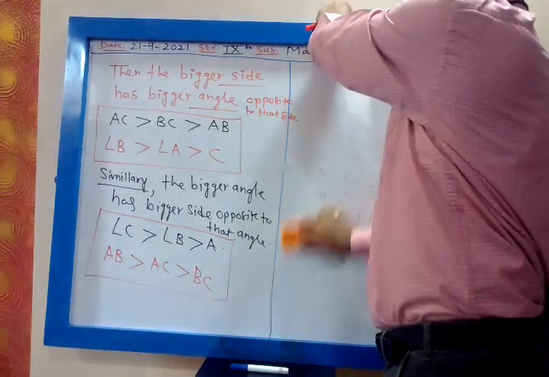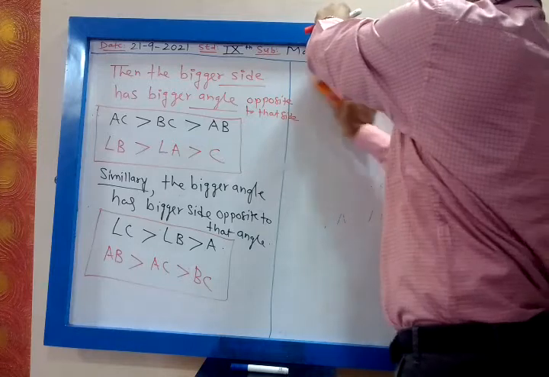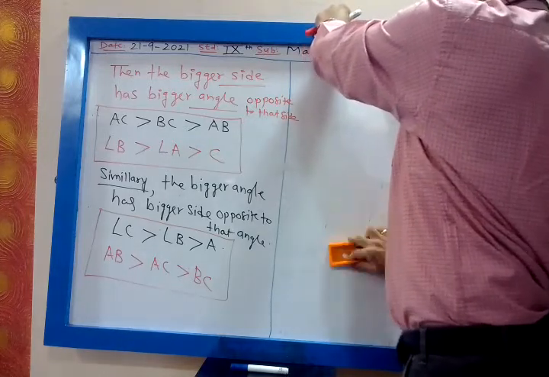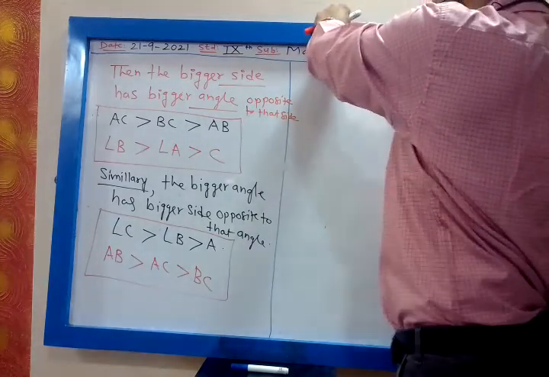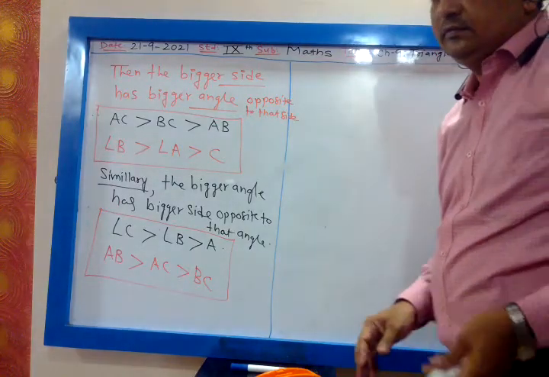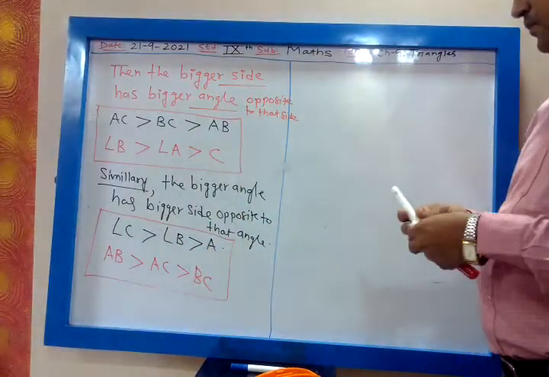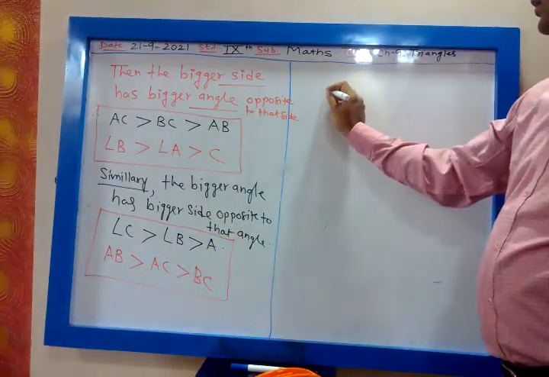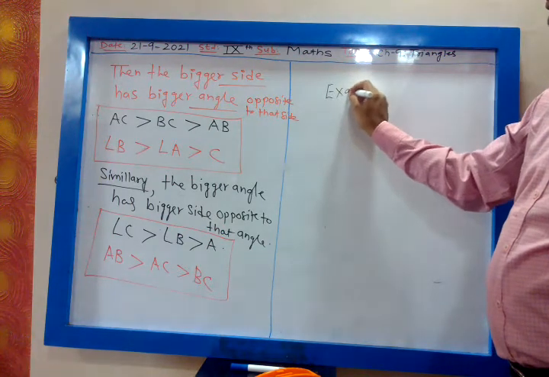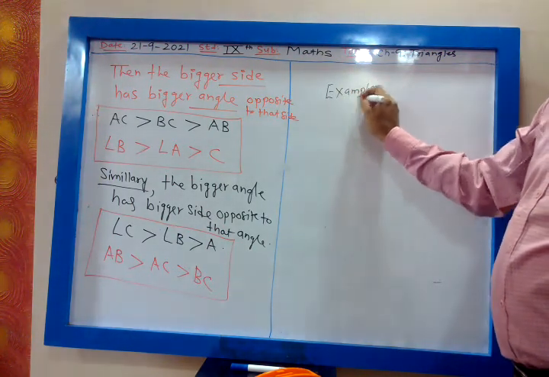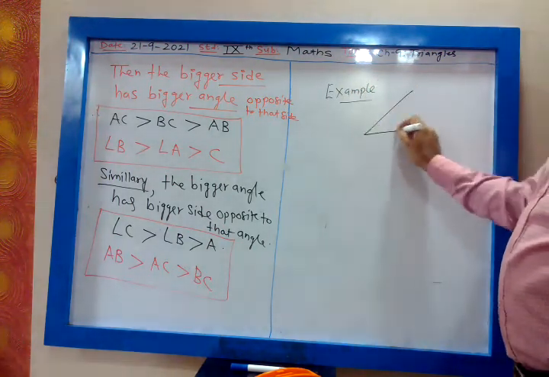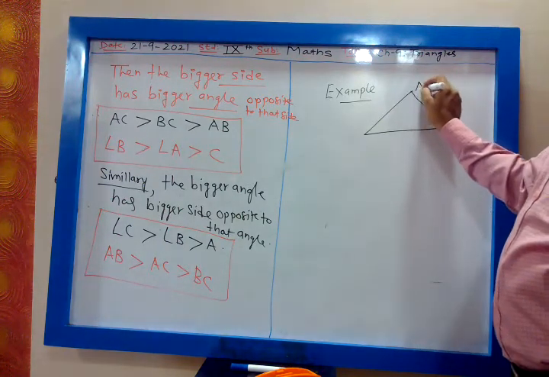Now let me give an example. So what you have to remember is the angle whichever is bigger. Example, let us take the triangle ABC.